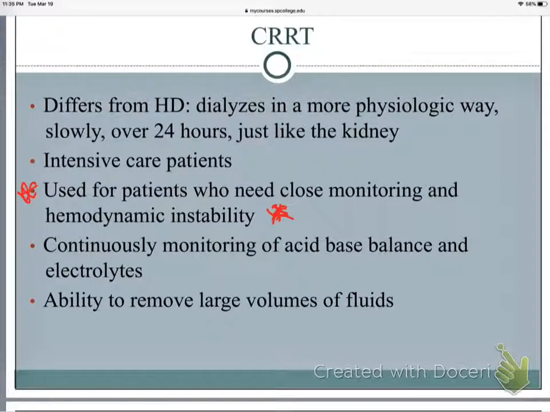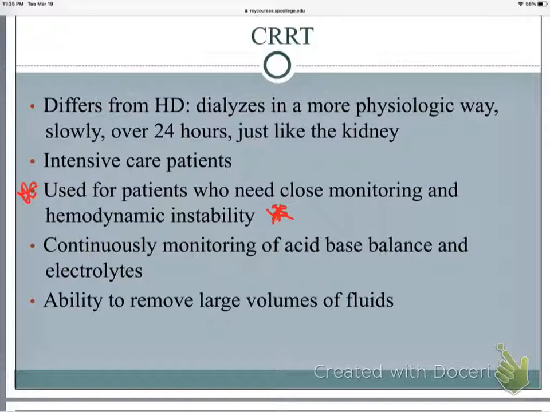So again, it differs from hemodialysis because it's slow. It's over 24 hours. So it acts just like the kidney, but it's a slow process for those folks that can't tolerate those massive fluid shifts. Right? So they're not that hemodynamically stable, perhaps they have extensive cardiovascular problems. So this is an option.